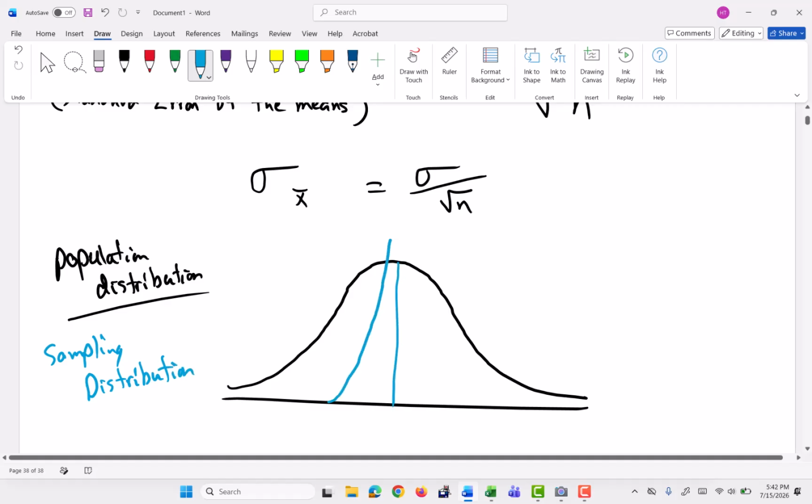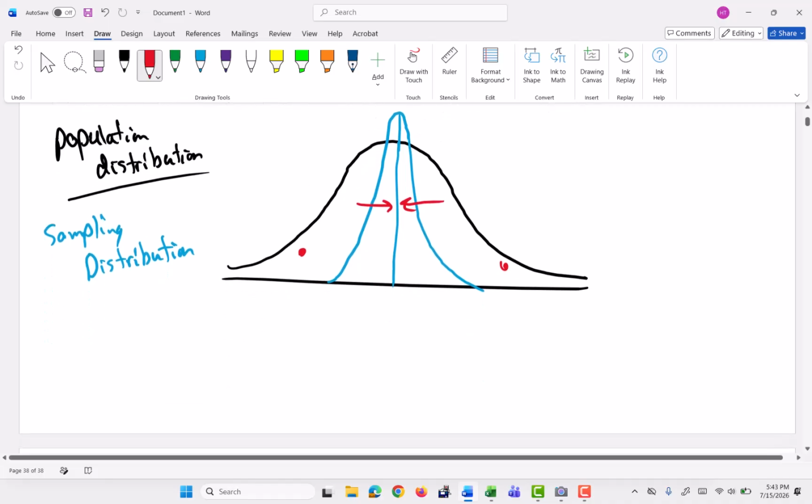It's just going to be narrower. Which makes sense because while individual values, we might be able to select one really small or one really large. If we're selecting a sample, we'd expect that in that sample, if we have one large value, we'll have other small values and they will average out to give us a mean of that sample that's closer to the center of our distribution. In other words, closer to the population mean.